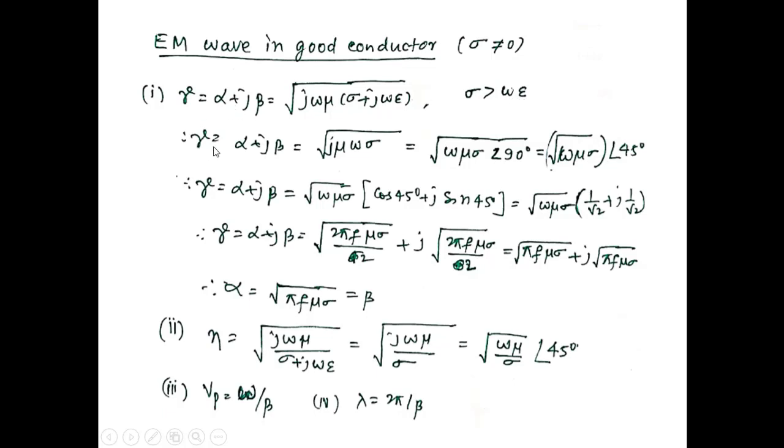If sigma is greater than omega epsilon, then this j omega epsilon can be neglected. Therefore, we get under root of j omega mu sigma. This is equal to under root of omega mu sigma, where the angle of j becomes 90 degree.